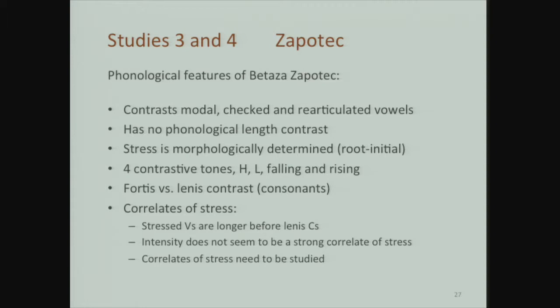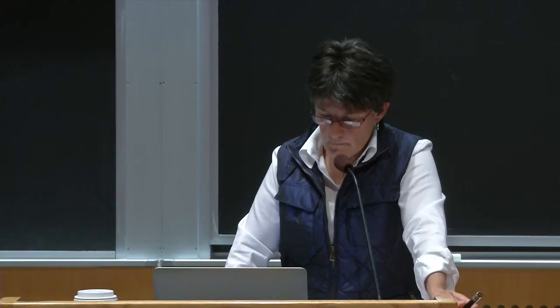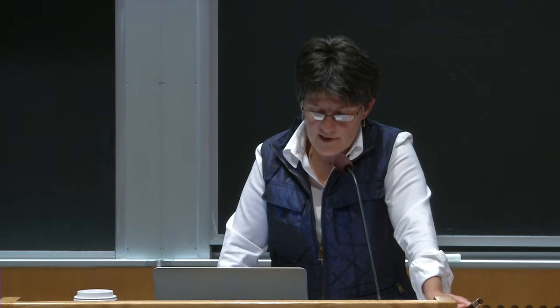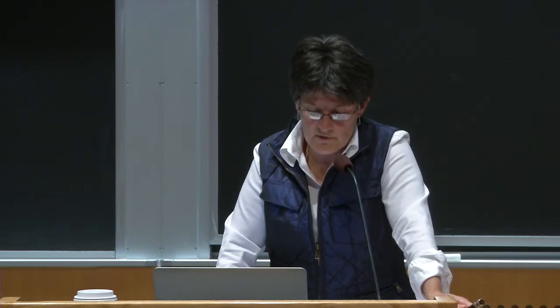No work has been done on this particular dialect, so we're really going by informal measurements that we've done of our field data, things that we've collected in the field. But in all Zapotec dialects, the descriptions indicate that stressed vowels are longer before Lenis consonants, and this is a strong effect in Zapotec in general. Intensity doesn't seem to be a strong correlate of stress, and well, we need to know more.